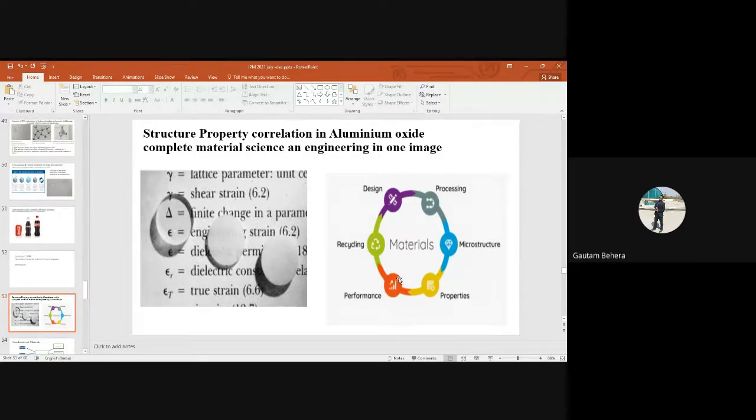Then performance. Then again it is recycled, and again we design the material. So this is a very beautiful cycle. Microstructure is affected by the processing, property is affected by the microstructure, and performance is affected by the property. And recycling means we again design the material.